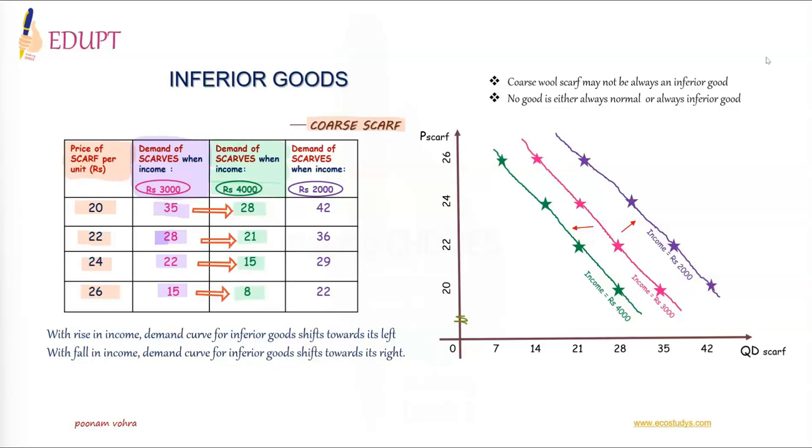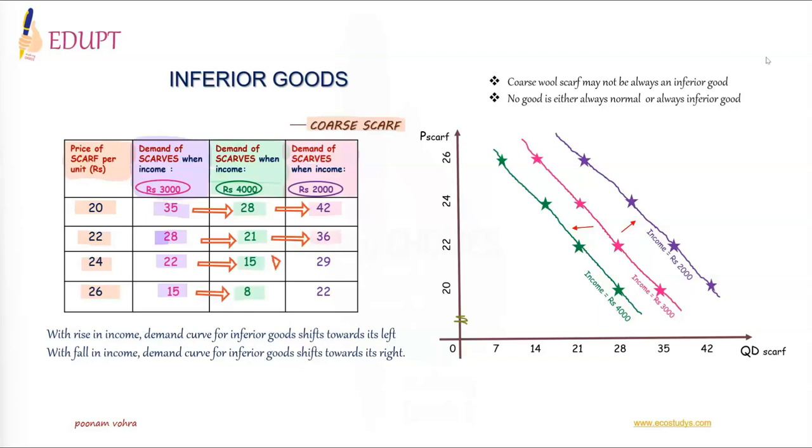And now suppose income falls to 2000. With fall in income at price rupees 20 per scarf, quantity demanded rises to 42 units from 35 or from 28. At price rupees 22, quantity demanded rises from 28 or 21 to 36.